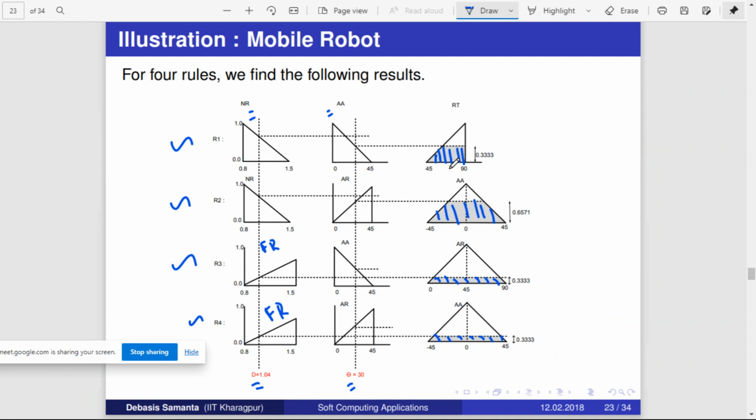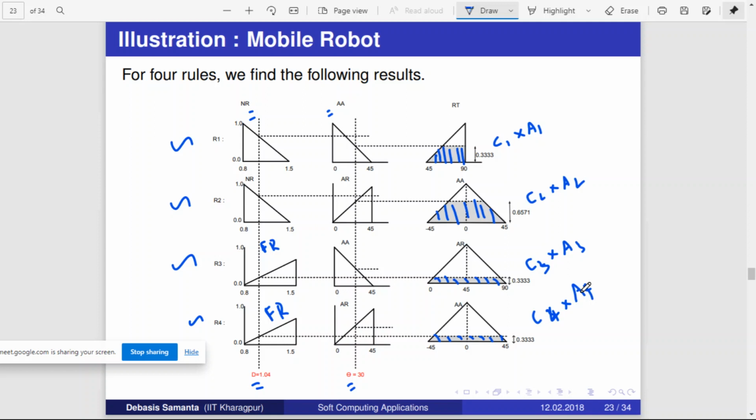If this midpoint is C1, then C1 into A1, C2 into A2, C3 into A3, C4 into A4 will come in the numerator. Add all these things, C1 into A1 plus C2 into A2 plus C3 into A3 plus C4 into A4, divided by all the areas A1, A2, A3, A4.